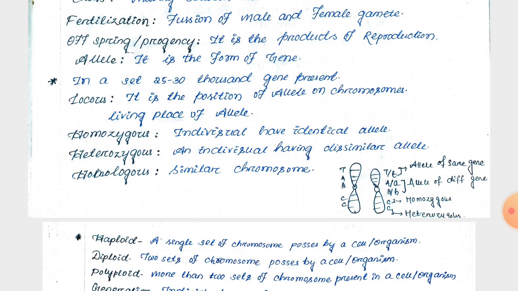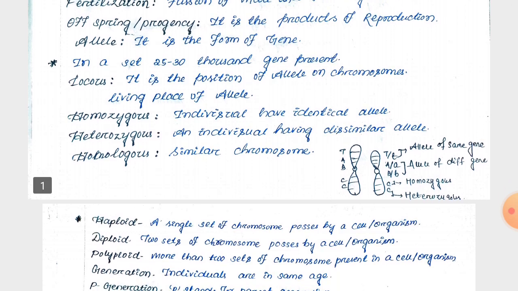Let's move further. What are offspring and progeny? Offspring or progeny are the product of reproduction. After reproduction many children or many progeny are formed. This product is known, in the terms of genetics, as offspring or progeny.